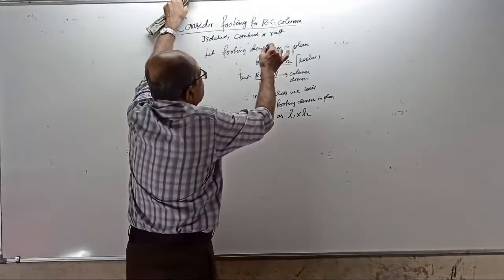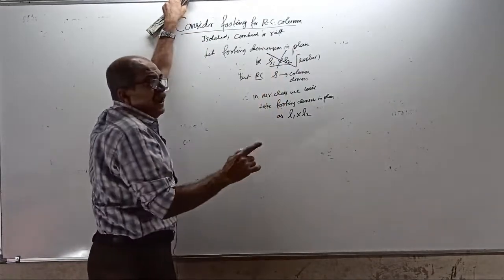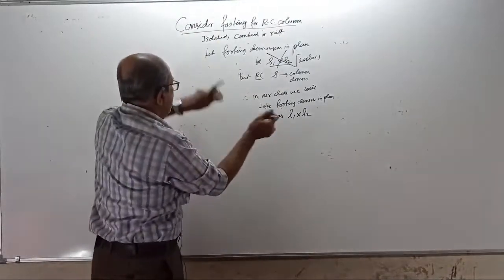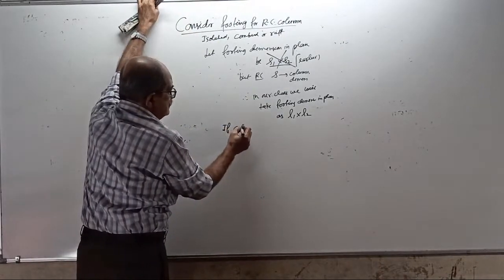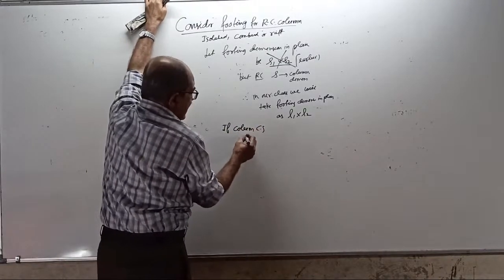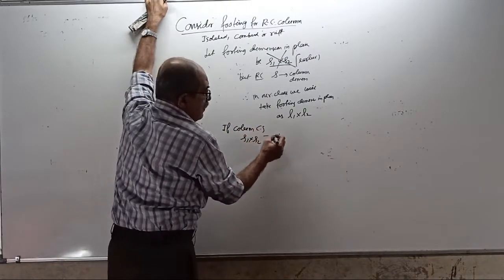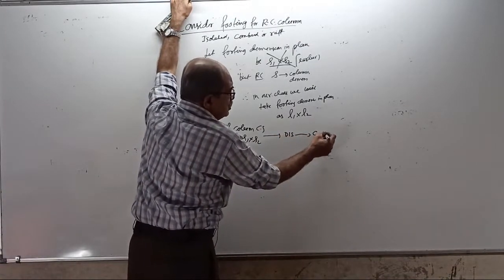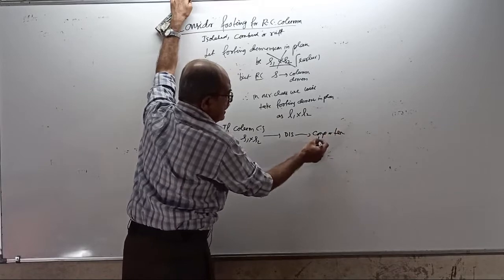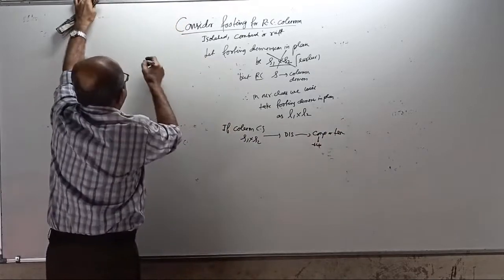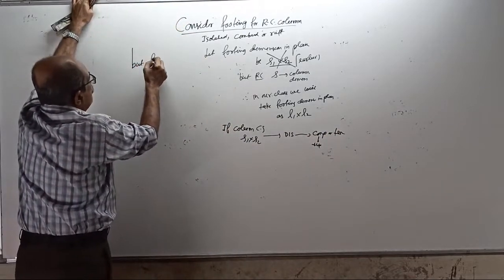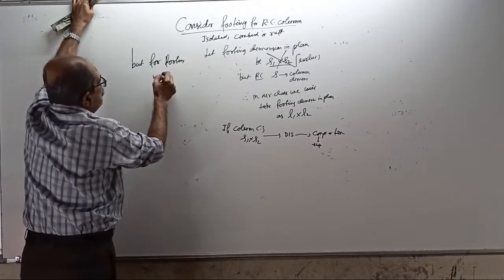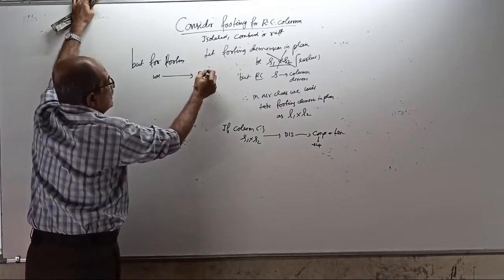Okay, now this is cancelled because now if it is a column in compression or tension, with column cross section, say S1 by S2, our discussion is compressive stress or tensile stress. Compression you take positive, but for footing we have to consider pressure.